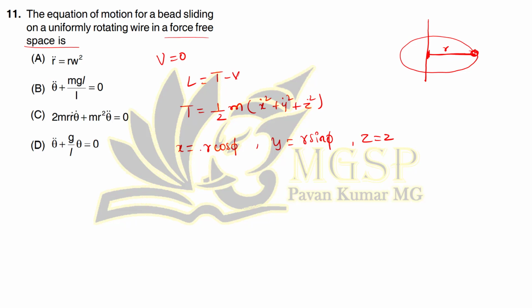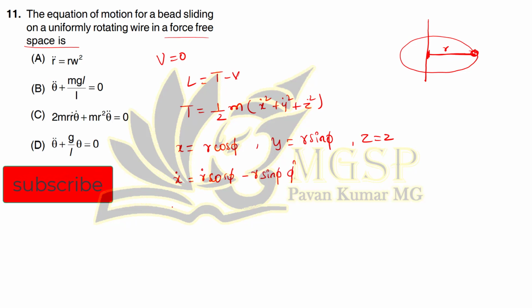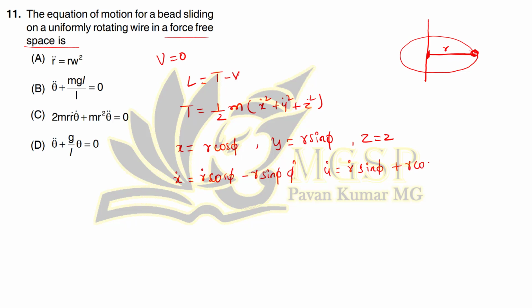Now find x dot and y dot. x dot is equal to r dot cos phi minus r sin phi phi dot. y dot is equal to r dot sin phi plus r cos phi phi dot.